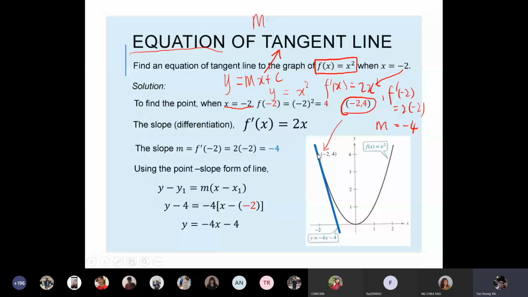So this is the equation of the tangent to the curve at the point x equals -2. Okay, now students, you can see my sentence is very long. I repeat again. This is the equation of the tangent to the curve y equals x squared at the point x equals -2.